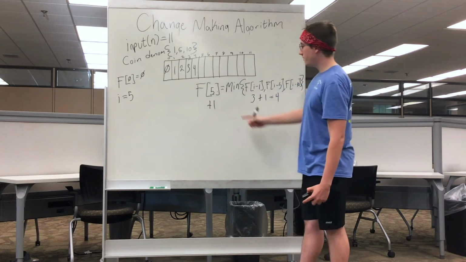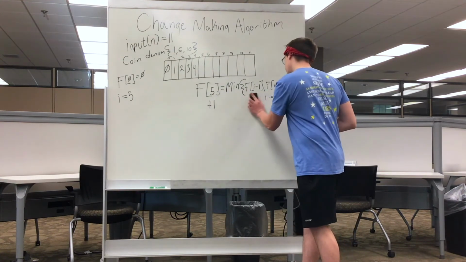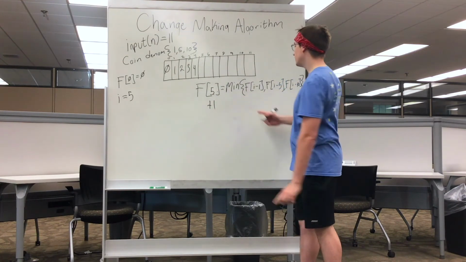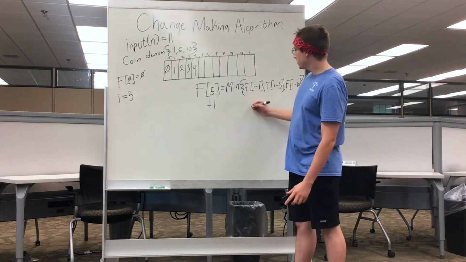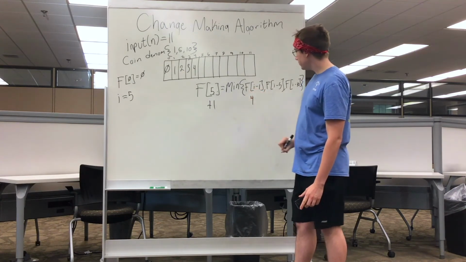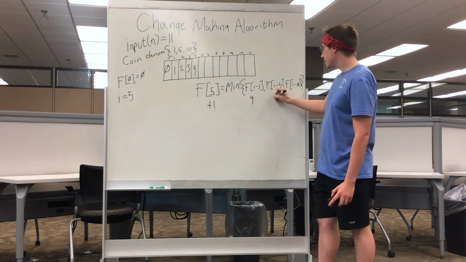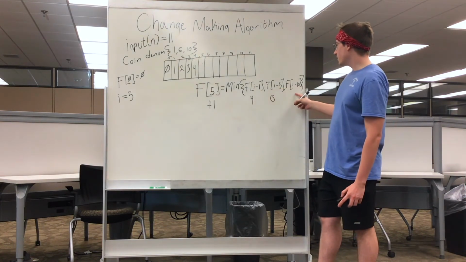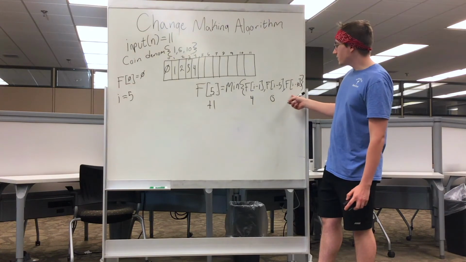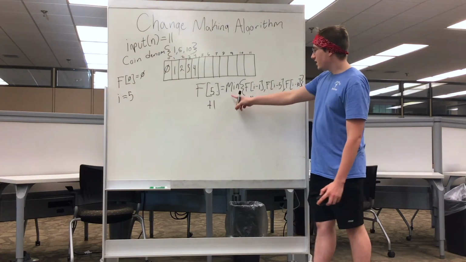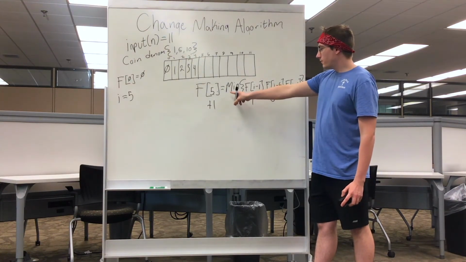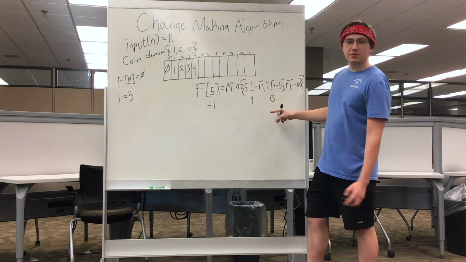So f of 5, the minimum would be 5 minus 1, which is 4. And then we can actually use this one now because 5 minus 5 is 0. So it's going to be 0. And then 5 minus 10 is negative 5, so we're still not going to use this one. But we have these two options. So what is the minimum value? 4 or 0, so it's going to be 0, right?